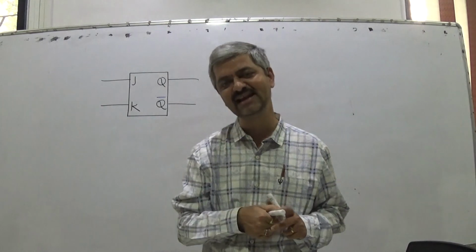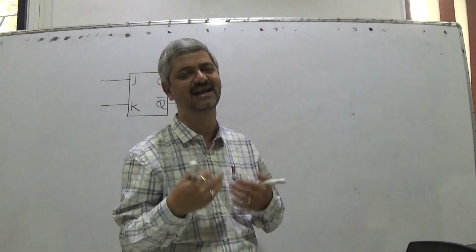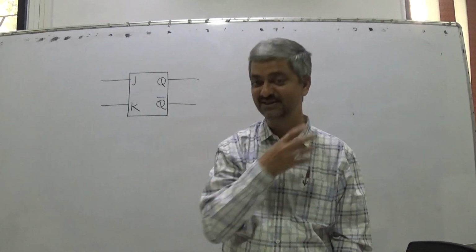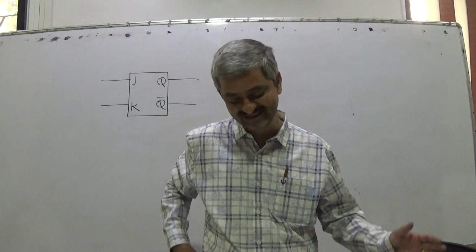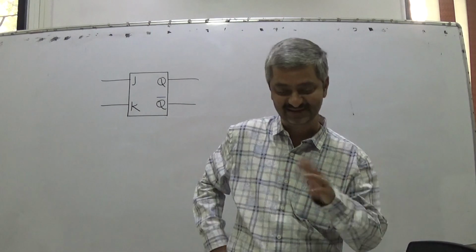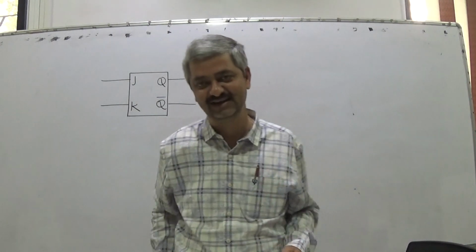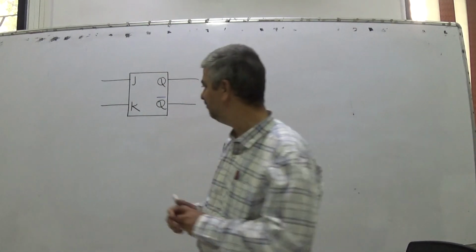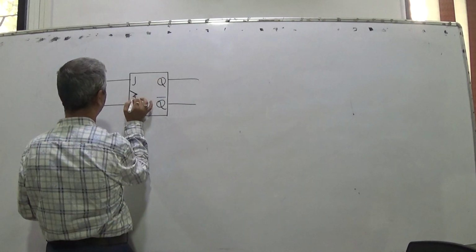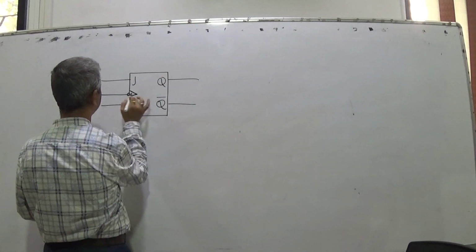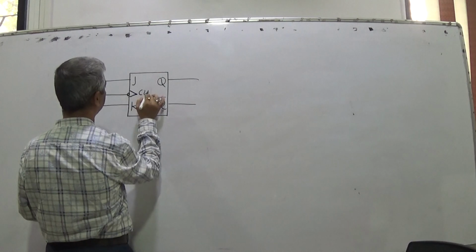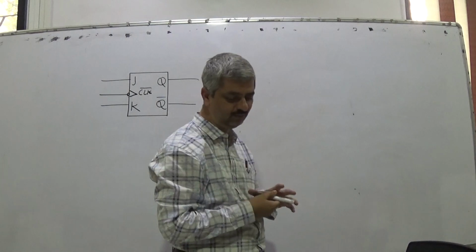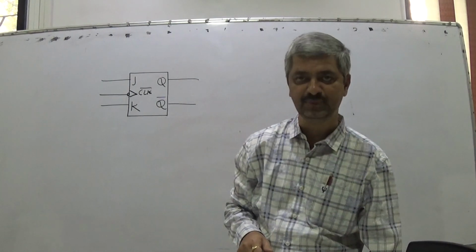The names J and K are said to be given as Jack and King, and Q is Queen. Why such names were given, let us not spend our time in that discussion. It has one pin called the clock pin, CLK bar.